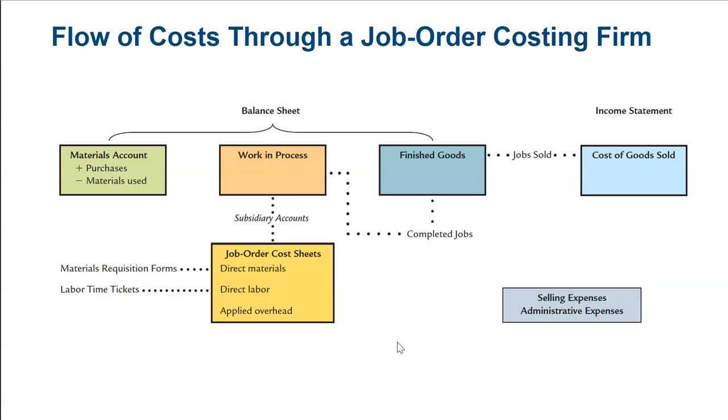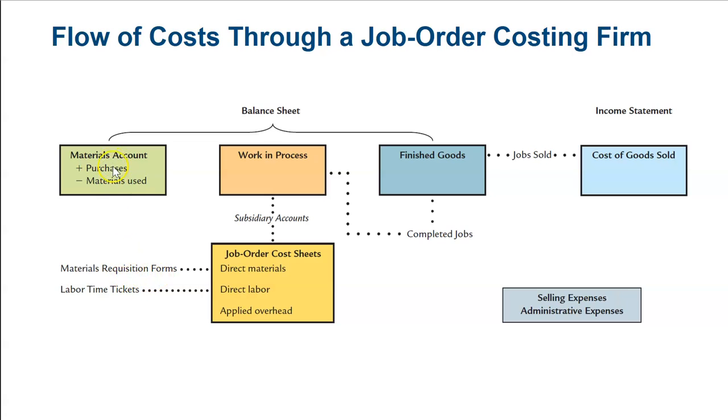And so, kind of a little summary here of this. This is probably the last slide in this video. This basically shows us everything that we were just discussing. We have a materials account. When materials move out of materials, they move into work in process via the materials requisition form.